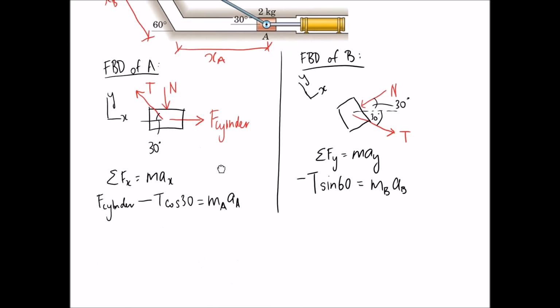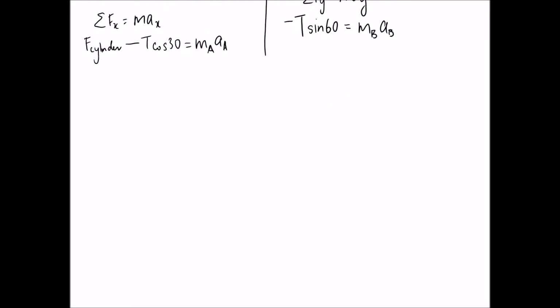So this is what that triangle looks like. So we've got xa, xb, and L.